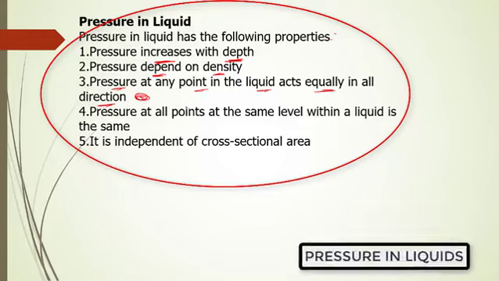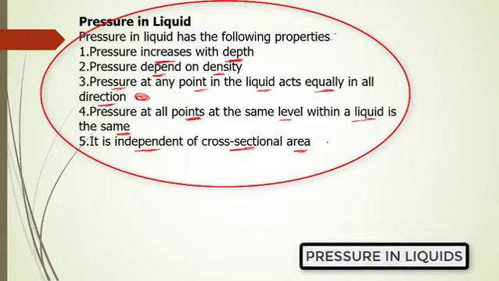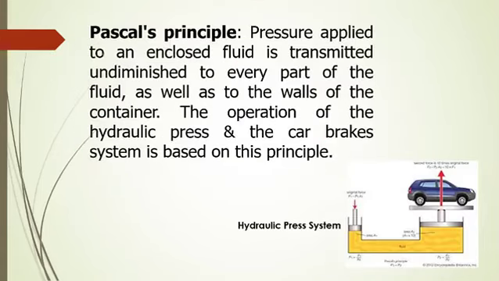The fourth is that pressure at all points at the same level in a liquid is simply the same. The 5th point we need to get across is that pressure is independent of cross-sectional area. So pressure has nothing to do with the cross-sectional area. It does not depend on it.